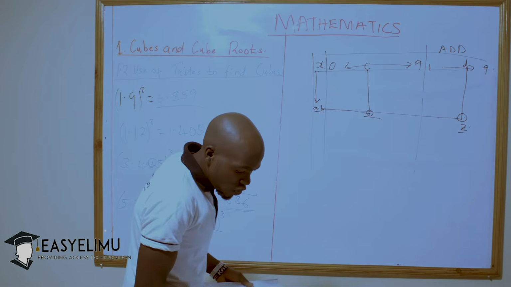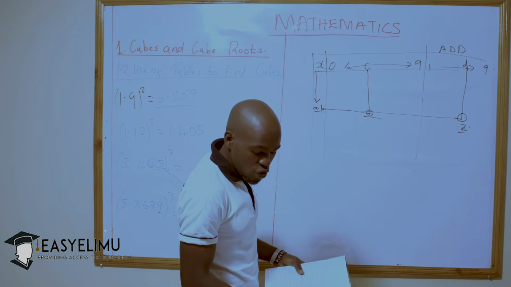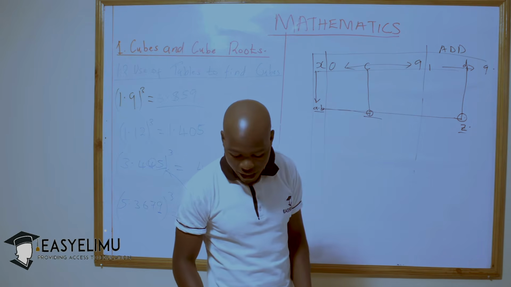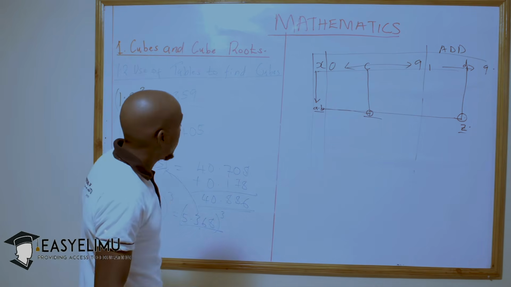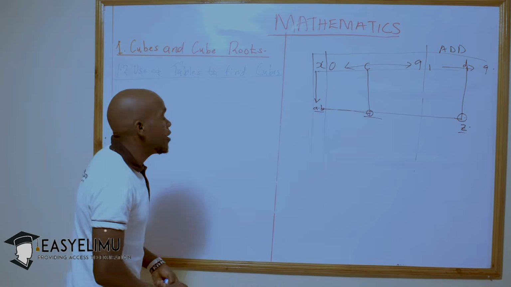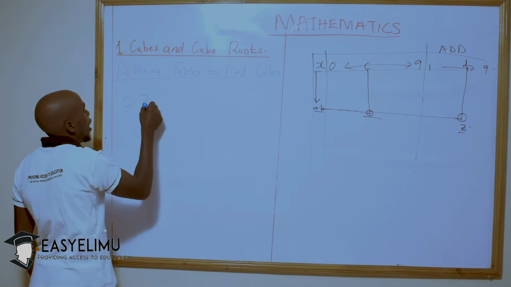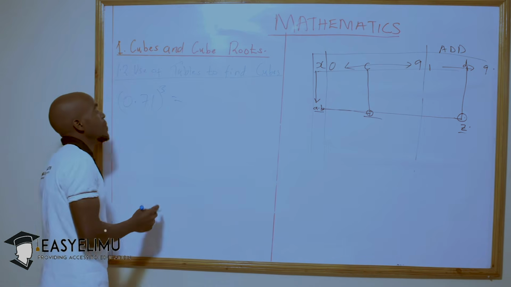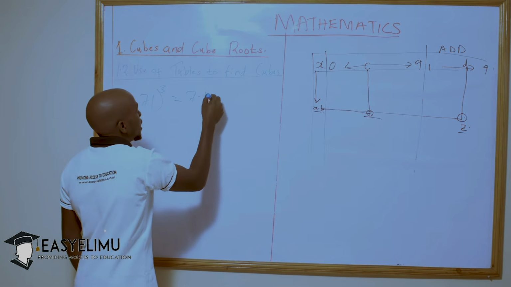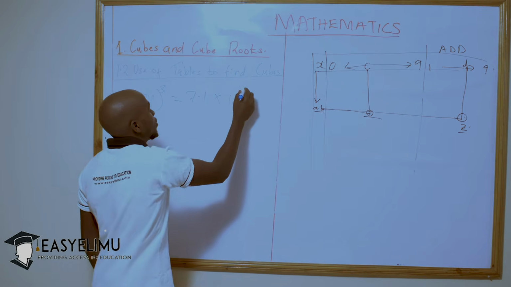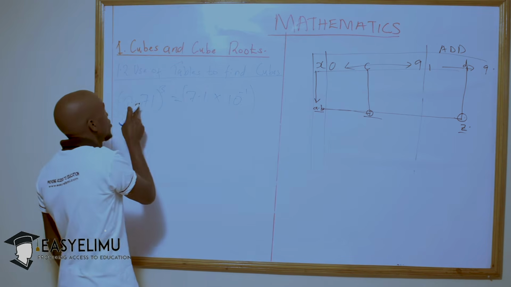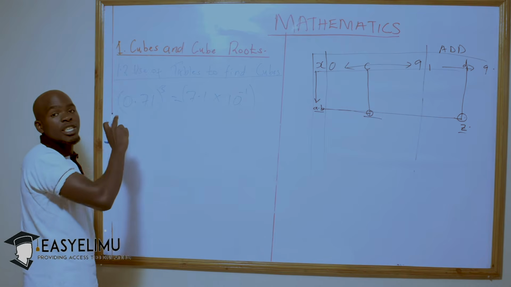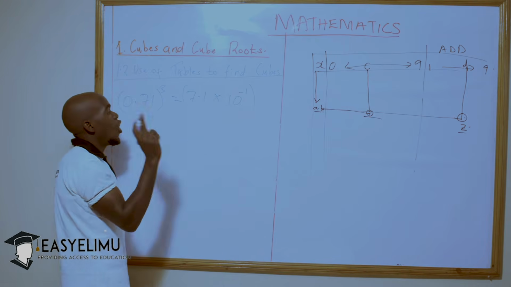You can also be required to find the cube of a decimal number. For example, you may be given 0.71 and be told to find the cube of that number. This is the same as writing 7.1 times 10 raised to negative 1, because the decimal point has been shifted to the right only once.